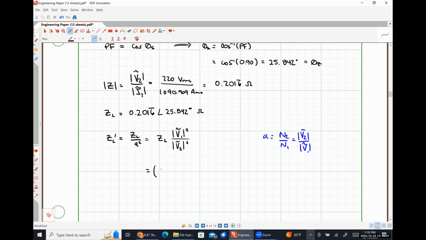So that's going to be 0.2016 with an angle of 25.842 degrees ohms times 44,000 volts RMS divided by 220 volts RMS, and I'm just going to square this thing. Okay.